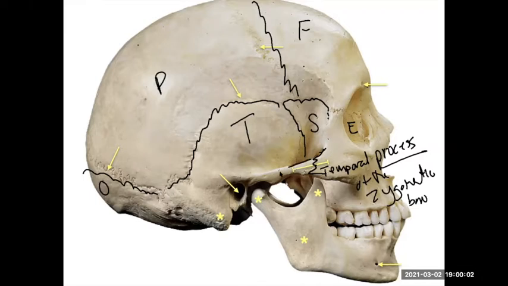And that meets up with the zygomatic process of the temporal bone, right? And together they make up the zygomatic arch. That's right above your jaw right there.